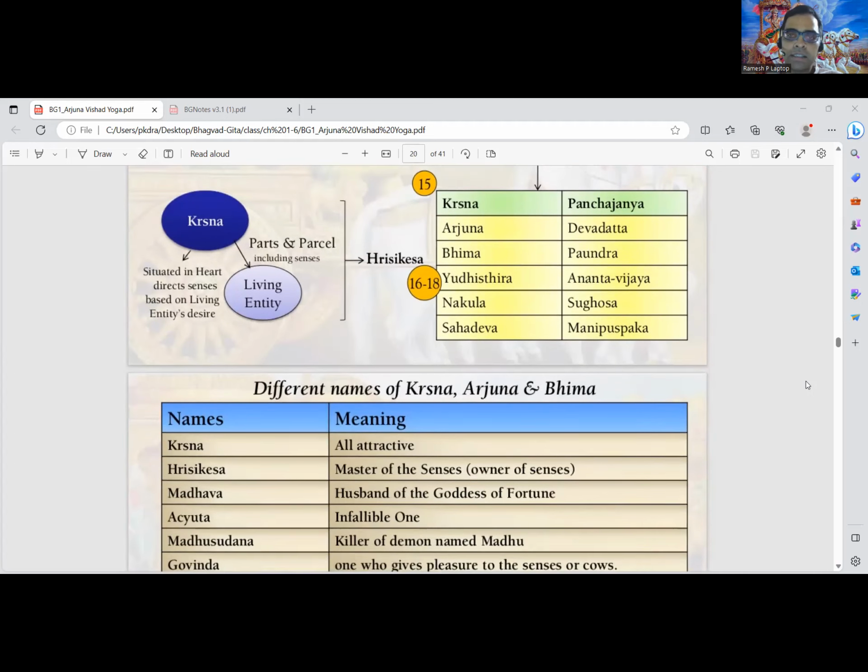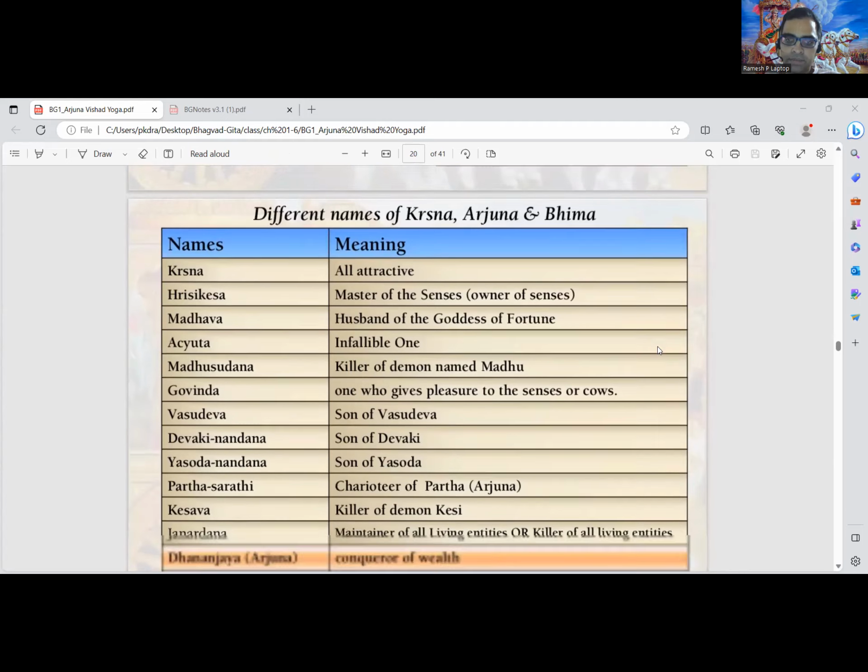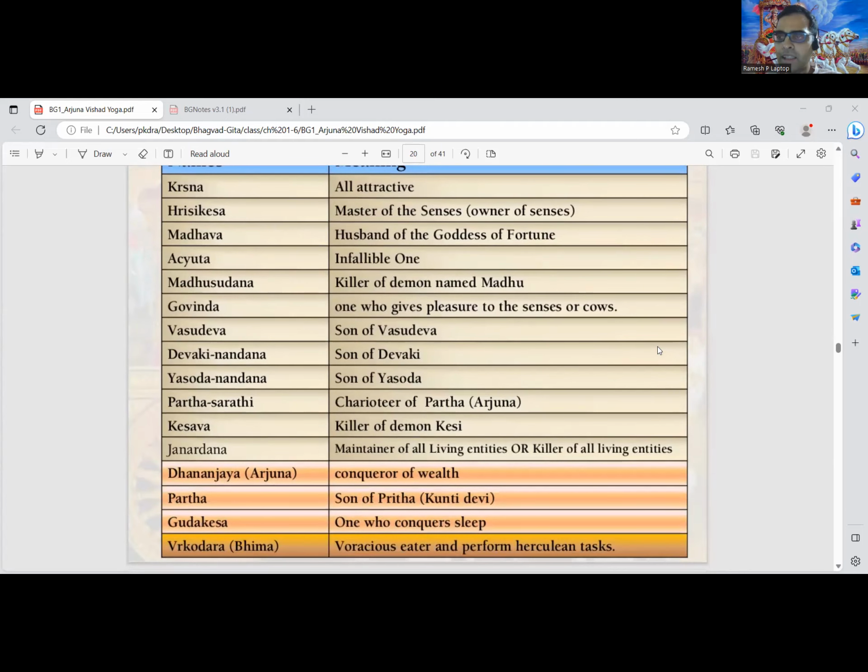And these are the different names of Krishna and Arjuna which are used all throughout the first chapter. Every time Arjuna takes Krishna's name in a verse or a purport, there is a deep meaning in it.